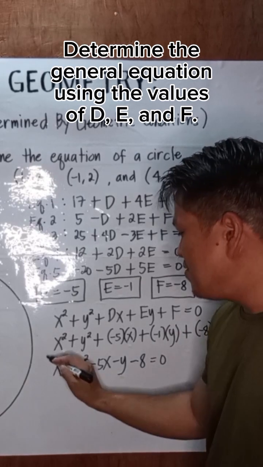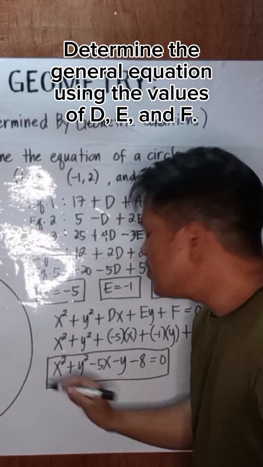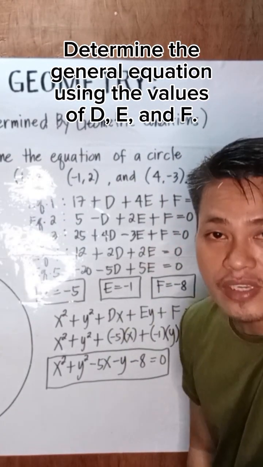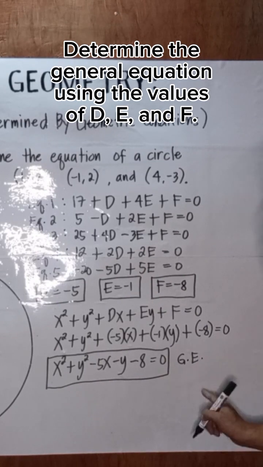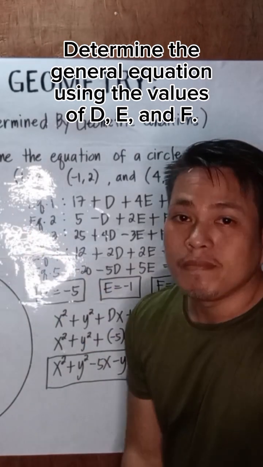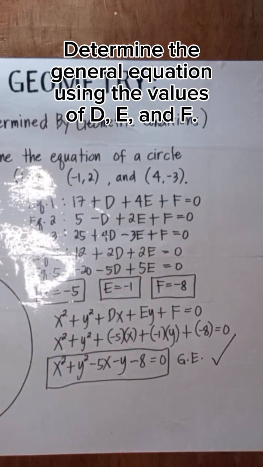Therefore, ito na yung hinahanap nating equation ng circle na naka-general. So, ito ay general equation ng ating problem number 1.